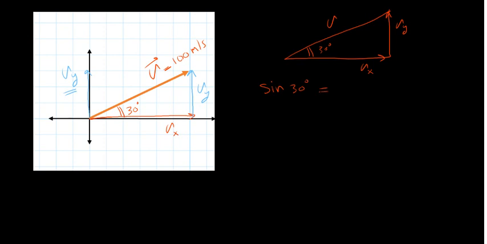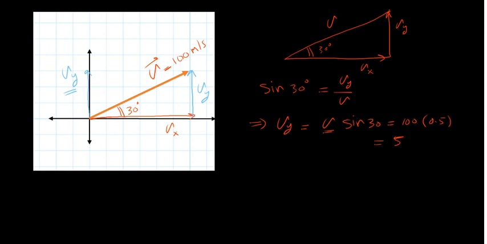Now we know the meaning of the sine of any angle. It's the opposite over the hypotenuse. So it will be Vy over V. From here, I can say that the y component will be V sine 30, which means it's 100, that's the magnitude of the resultant, times 0.5, sine 30.